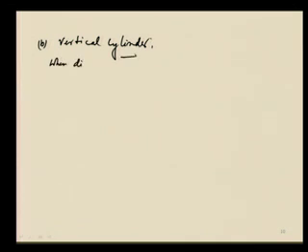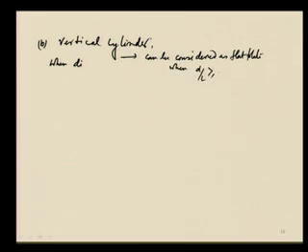the first case is that it can be considered as a flat plate, when, as we have already discussed, d by L is greater than or equal to 35 by Gr_L whole to the power 1 by 4.